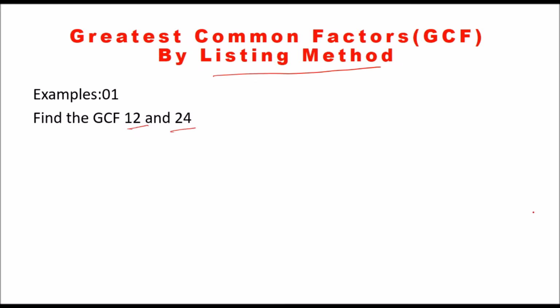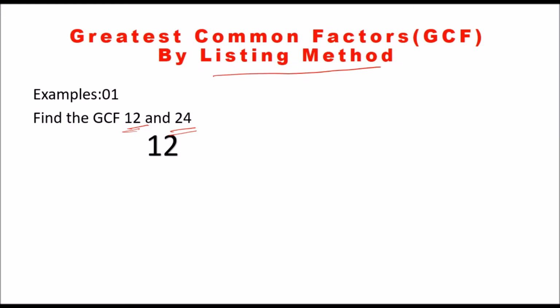We know how to find the factors. We have to list the factors of 12 and then list the factors of 24. You remember the divisibility test method, so we are going to find the factors of 12 and 24 by using divisibility. We know that half of 12 is 6, so we list our numbers from 1 up to 6.